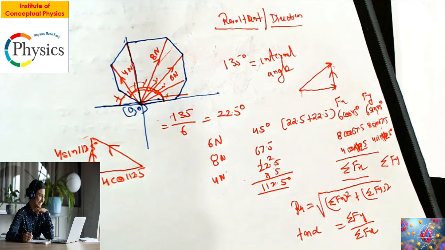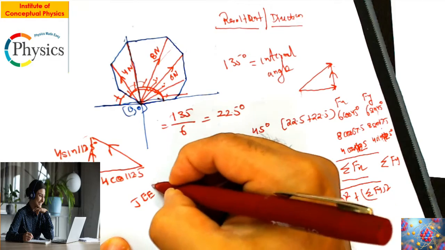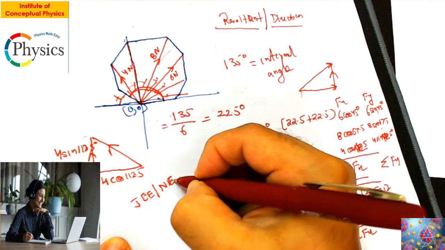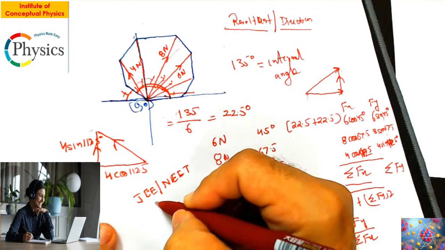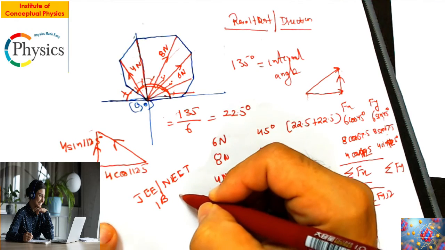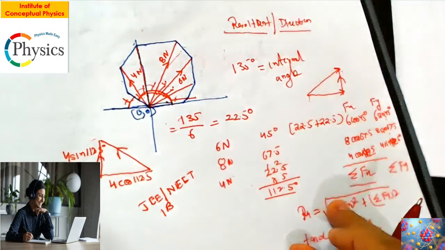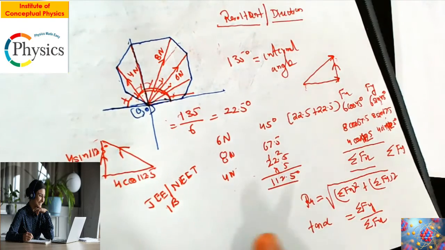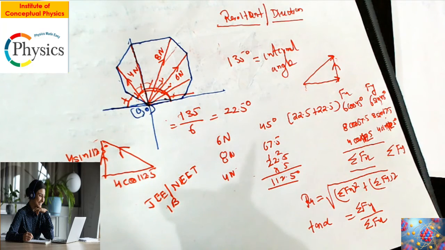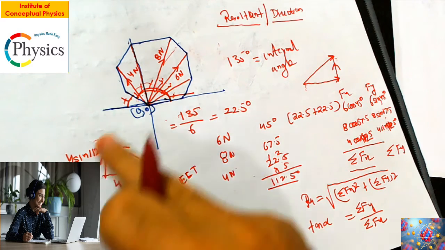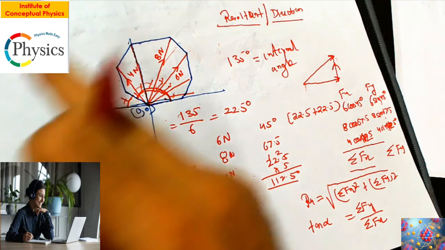So if you're preparing for an exam like JEE or NEET, or you are a student of any other board, like the IB board, or you're doing A-level physics, or honors in physics, and you're doing the topic of mechanics, a good strategy will always be to concentrate on the concept of geometry. I think geometry helps you tremendously to solve such numericals pretty fast.